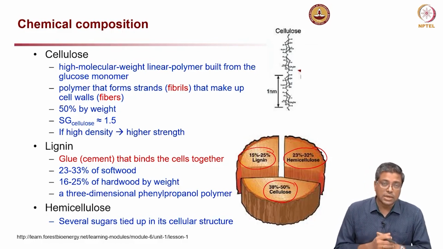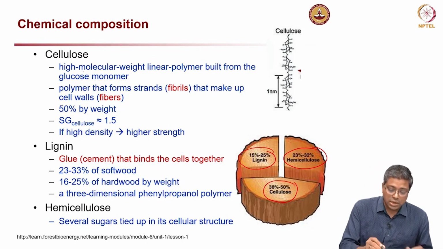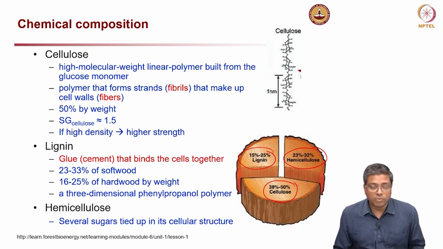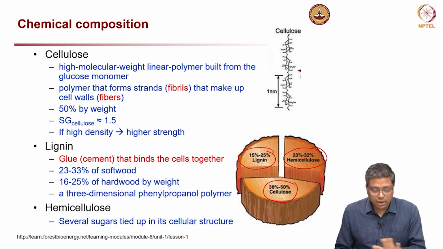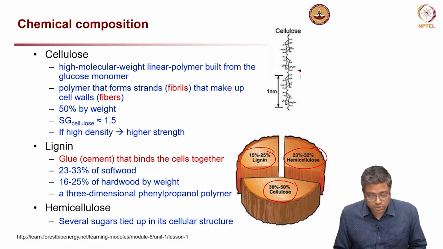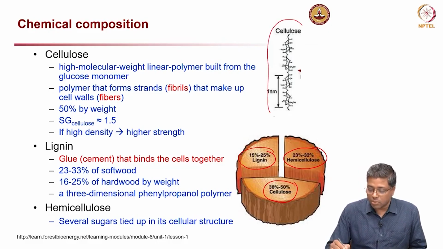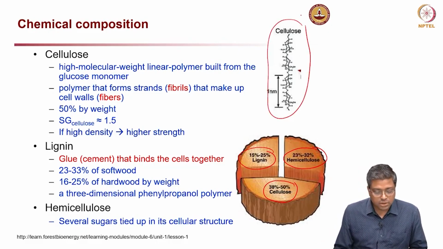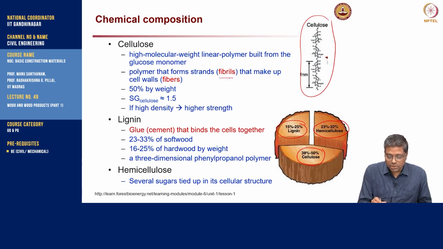Now, what are these three things? Cellulose is a high molecular weight linear polymer built from glucose monomer. That is in general a description of what cellulose is. You can see a polymer structure here, and the polymer forms strands, fibrils that make up cell walls, fibers.